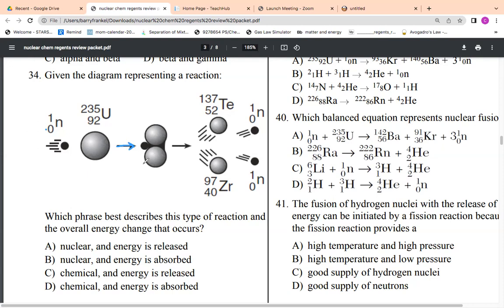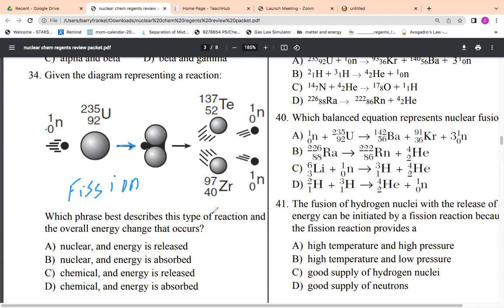What is happening here is uranium-235 is being hit with a slow-moving neutron, and this should signal to you that we are going to go through a fission reaction. So this is fission. The uranium is being broken up into Te and Zr, tellurium and zirconium, and we're also getting some neutrons out of the deal. And these neutrons will then go on to hit other atoms of uranium-235, and then we will produce our chain reaction.